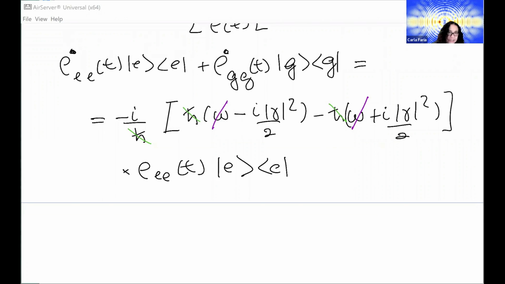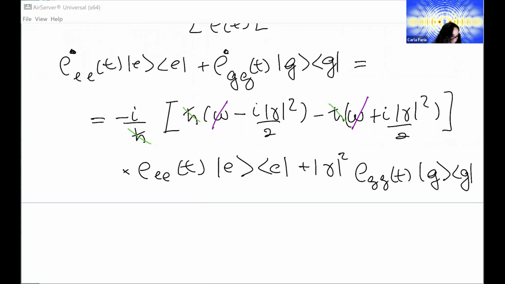And the second term is going to be plus gamma square rho GGT GG. Okay, so tidying this up, this bit, we multiply minus I with I here, you're going to have minus 2I. You're going to cancel out with the 2.